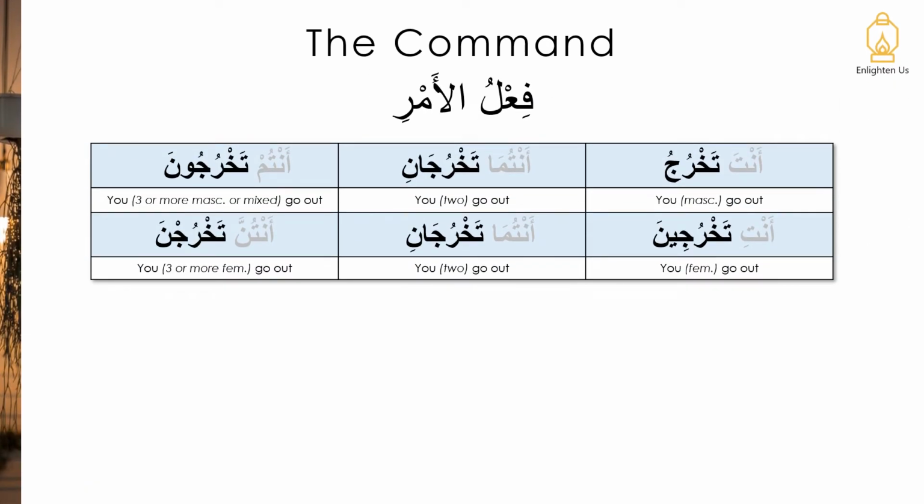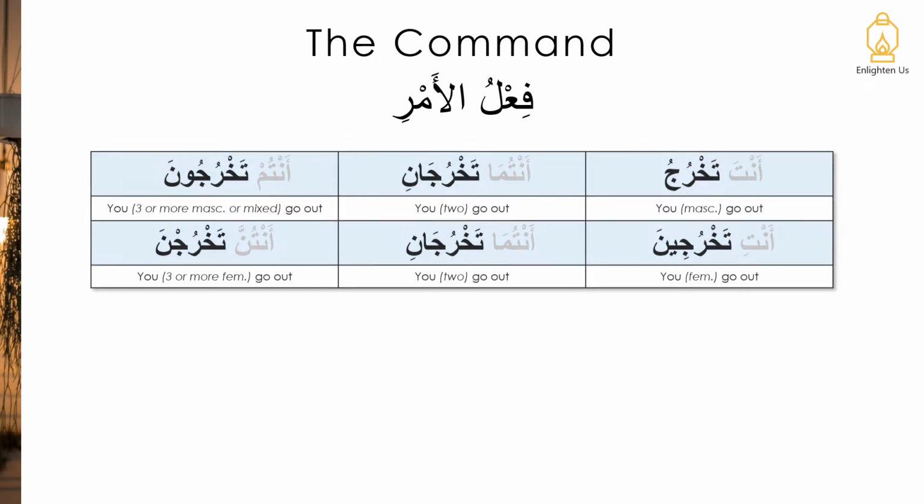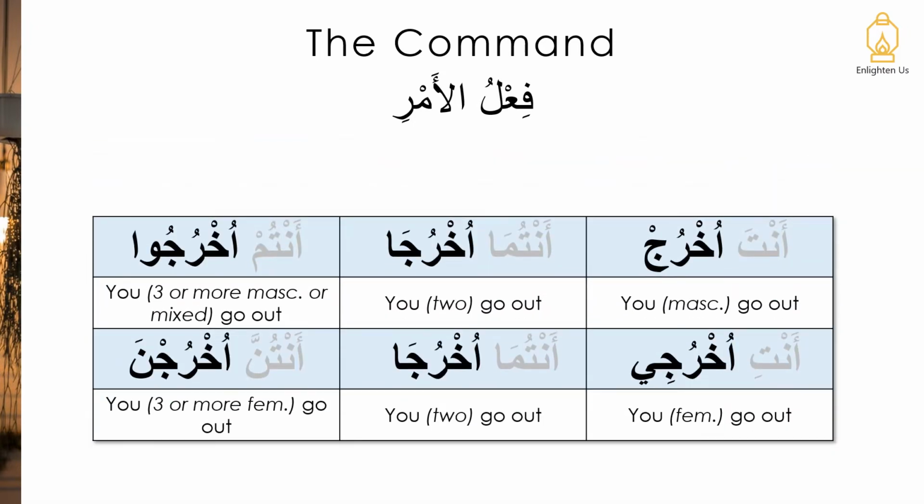So we go from أنت تخرج, أنتما تخرجان, أنتم تخرجون, أنت تخرجين, أنتما تخرجان, أنتن تخرجن, to أنت أخرج, أنتما أخرجا, أنتم أخرجوا, أنت أخرجي, أنتما أخرجا, أنتن أخرجن. And now let's have a look at the process of how this second set of verbs came about.